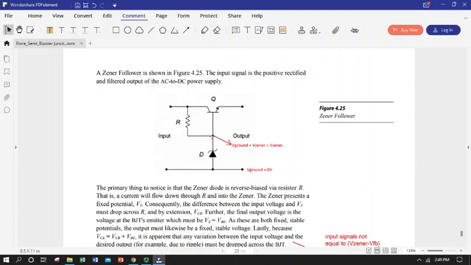And if this output point is above the Zener reverse breakdown voltage, we can have it flow. But by having the Zener here, we ensure that this point, which just happens to be the base voltage, is now related to ground and to the Zener breakdown.